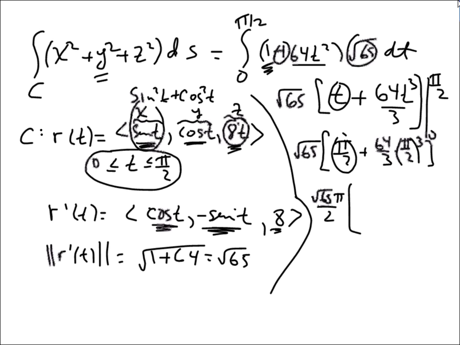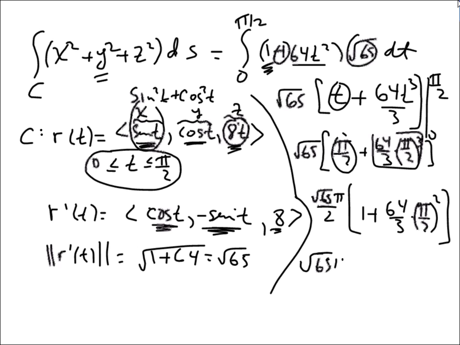Factored out pi over 2, so you have 1 left. And here you factored out pi over 2, so you just have pi over 2 squared that survived. So you get the square root of 65 pi over 2 times 1 plus 64 pi squared over 3 times 4.